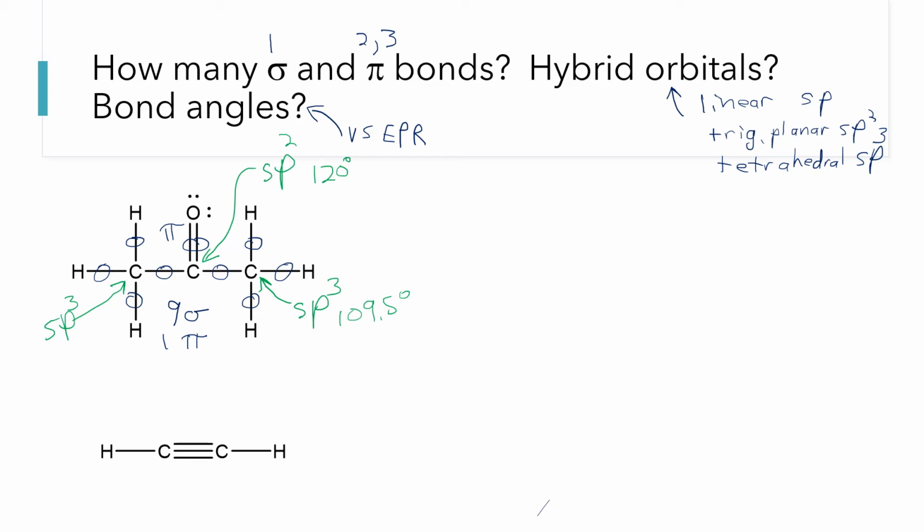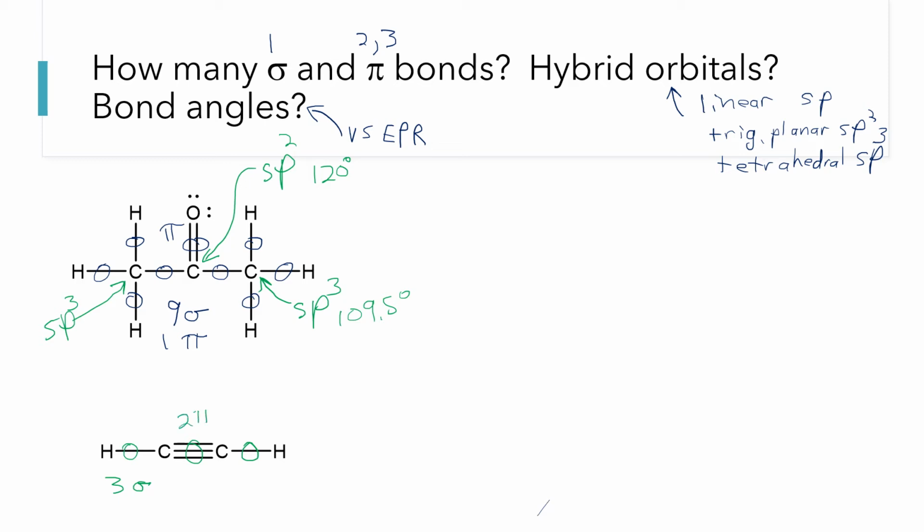If we look at this molecule down below, which is acetylene, we have 3 sigma bonds, because each spot where there's any kind of a bond, we've got 1 sigma bond. So sigma, sigma, sigma. That gives us 3 sigma. And then when we have the triple bond, the second bond and the third bond are both pi bonds.